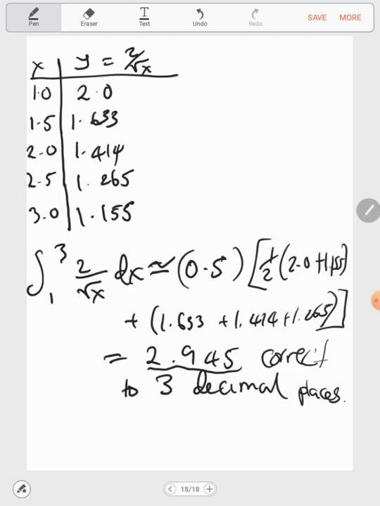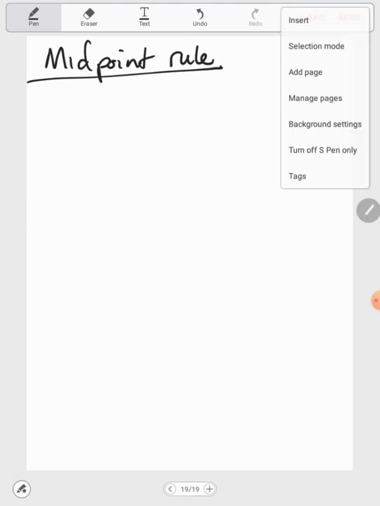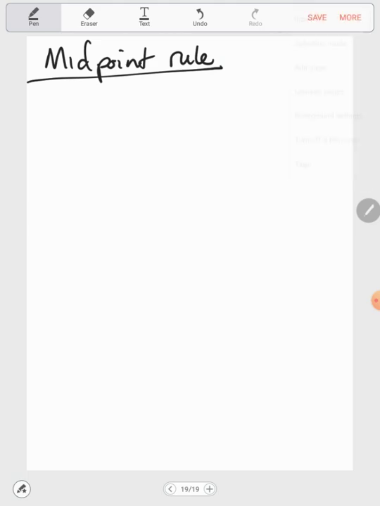Now we're going to move to the midpoint rule. Here we still have a curve, and we're still approximating.